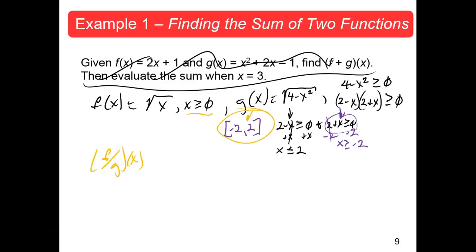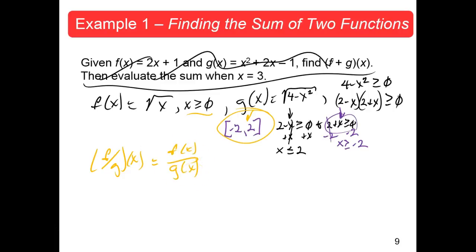And what's that? What's the definition of that? A little louder. The quotient function is the quotient of the functions: f of x divided by g of x.